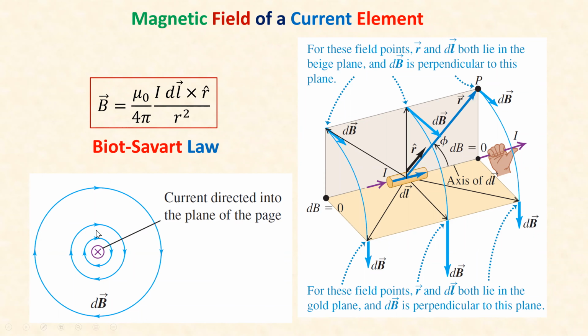In this case, it is clockwise, because if you put your thumb in the direction of the current, which is into the page, your four fingers show the direction clockwise around it. You put your thumb in the direction of the current, and your four fingers show which direction the magnetic field is circulating around the current.